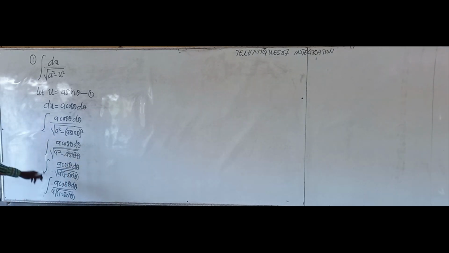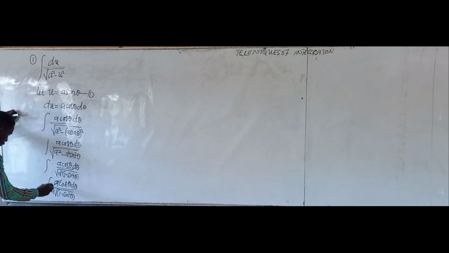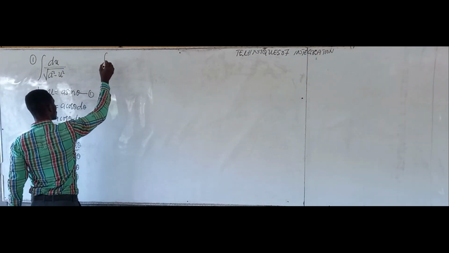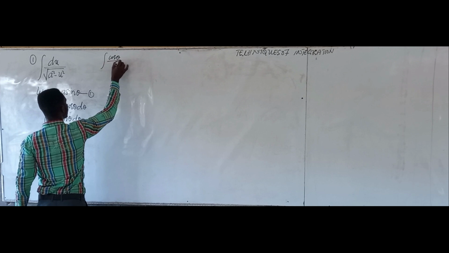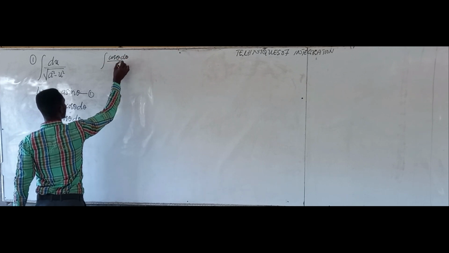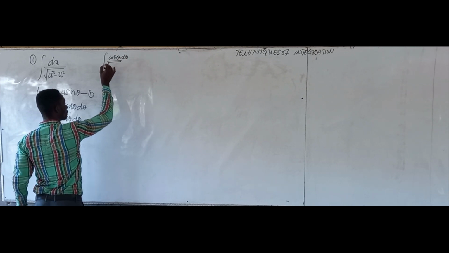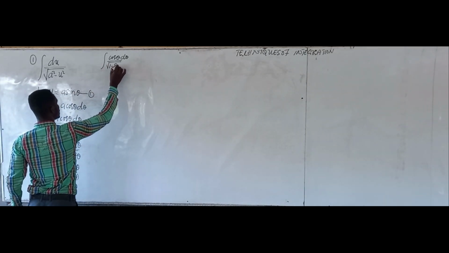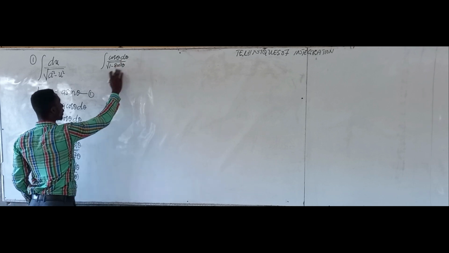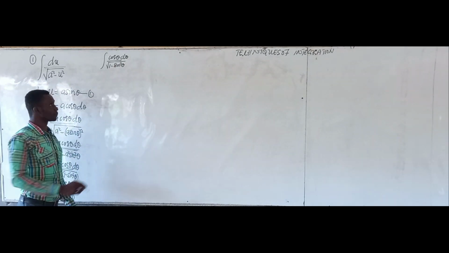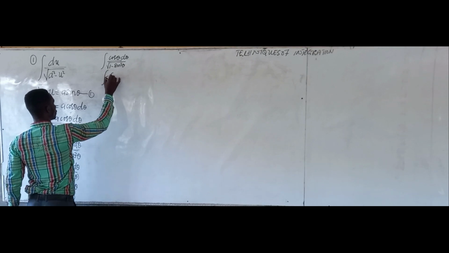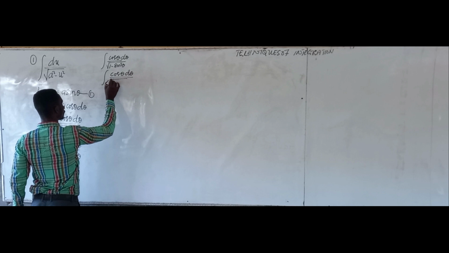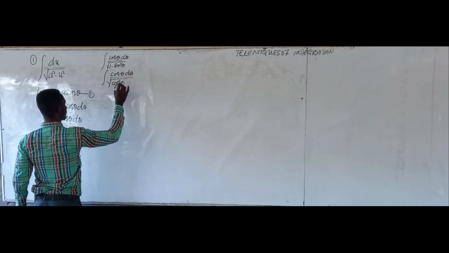Now, the a will cancel the a, so that we shall have integral cos theta d theta over square root of 1 minus sine squared theta. And 1 minus sine squared theta is the same as cos squared theta. So I'll get integral cos theta d theta over square root of cos squared theta.